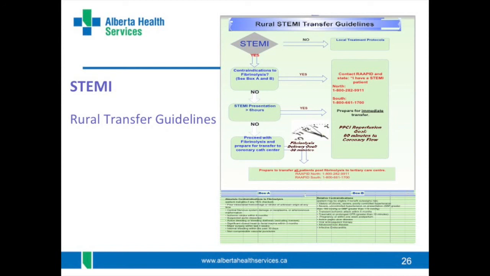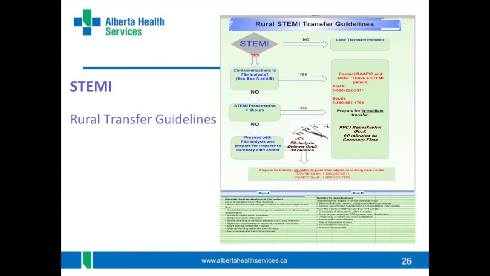And there you'd want to call through RAPID and speak with the cardiologist on call, because although we say that fibrinolysis is not as effective greater than 6 hours, it may still be an option, but at that point in time, really consulting cardiology is critical.